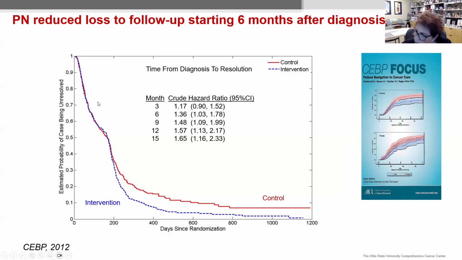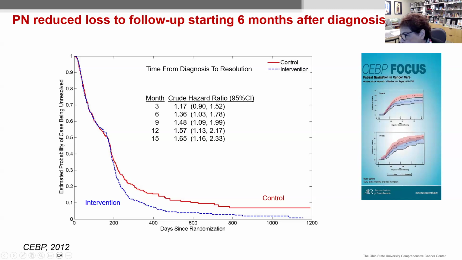And this is looking at days since the people enrolled in the study and the probability of not coming in. At the beginning, you can see the lines overlap, where red is control and blue is getting the navigation.